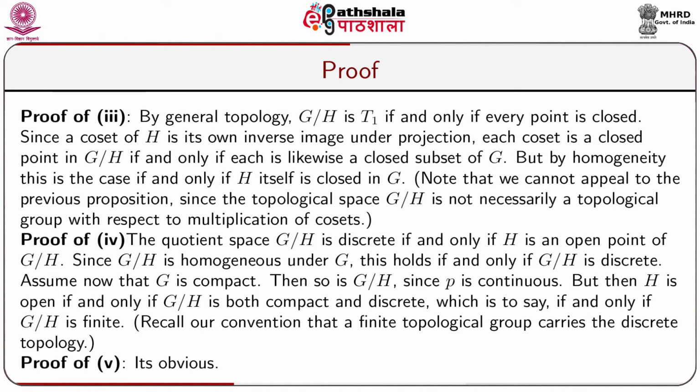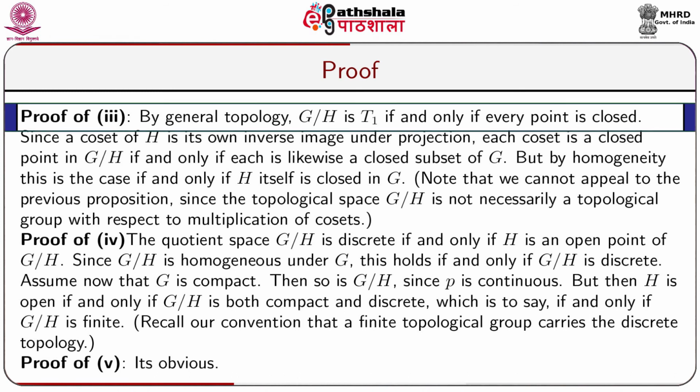Next, we shall prove that G by H is T1 if and only if H is closed in G. By general topology, G by H is T1 if and only if every single point set is closed.